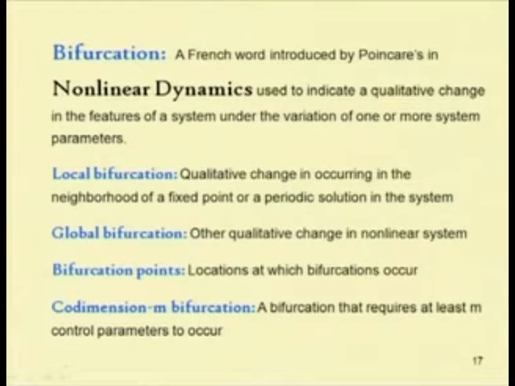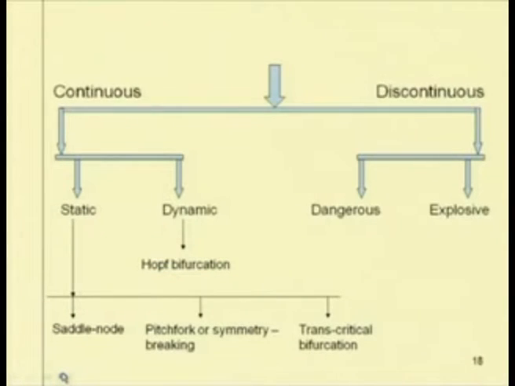Similarly, we can classify the bifurcation into continuous and discontinuous. In the case of continuous, it is static bifurcation and dynamic bifurcation, and in discontinuous it is dangerous or explosive.